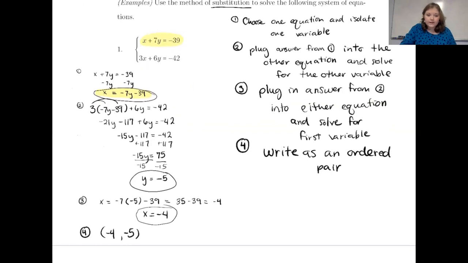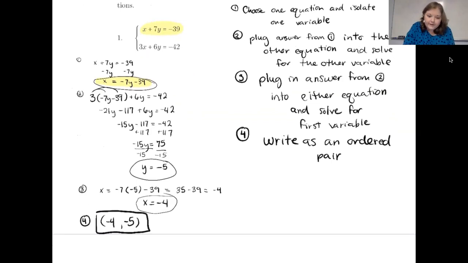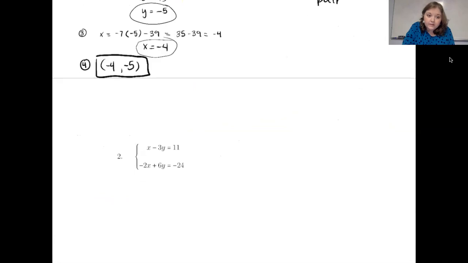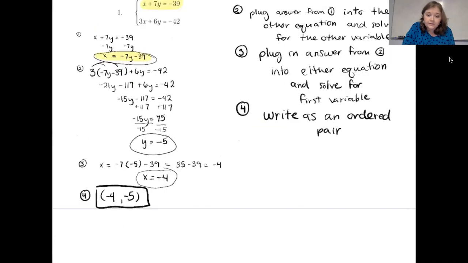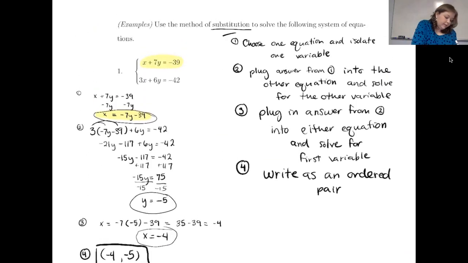Okay, so that is the first example, and that ends up being a system with just one solution, negative 4, negative 5. And so we will go on to example 2, and I'm also going to solve that using substitution, which uses the same 4 steps.